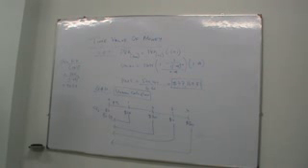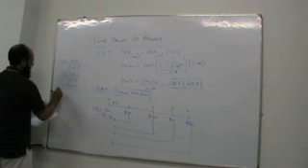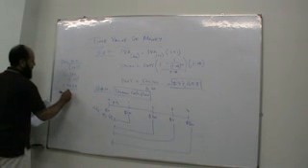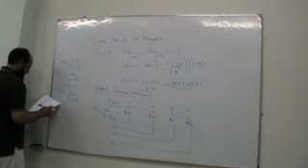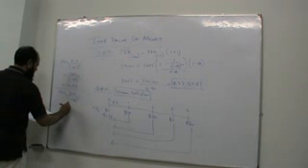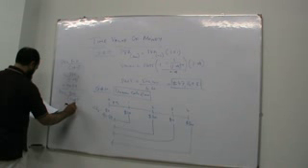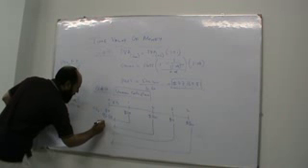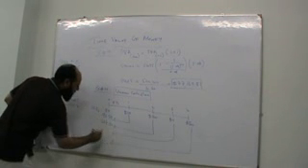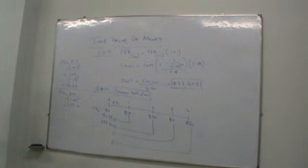The present value of $300 that we are going to get at the end of year 2. Same formula we can use. This comes to 257.20.